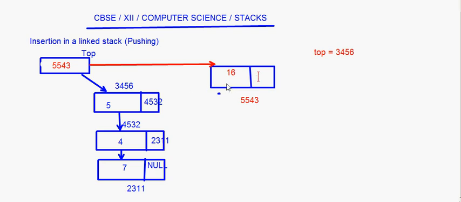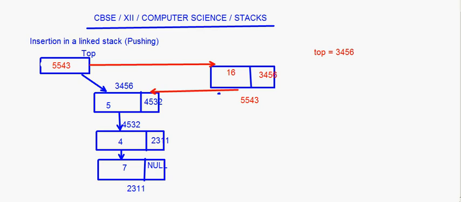Now this node will have to point to this one, okay? So then only the link will be formed. So what does that mean? The earlier address that was there in top has to be saved in some pointer, and that address will now have to come here so that this link is made.